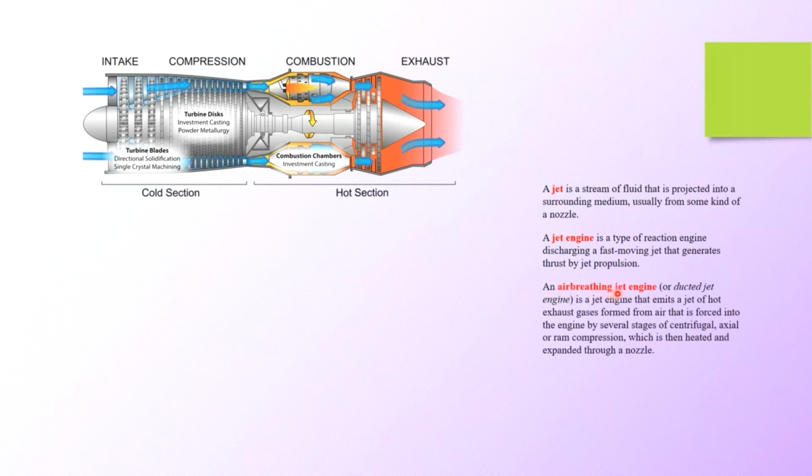An air-breathing jet engine is a jet engine that emits a jet of hot exhaust gases formed from air that is forced into the engine by several stages of centrifugal and axial compression, which is then heated and expanded through the nozzle here.